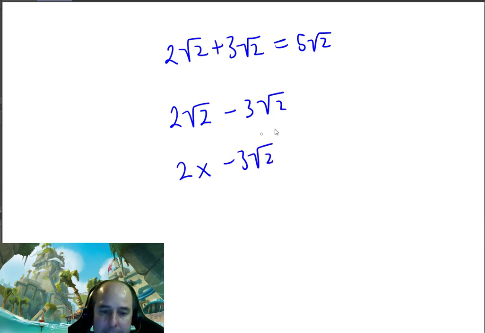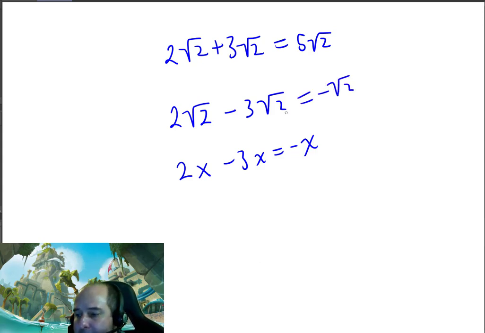That would give you minus x, a negative x. So likewise, that's going to equal a negative square root of 2. So it's a lot of the same principles, like I said.